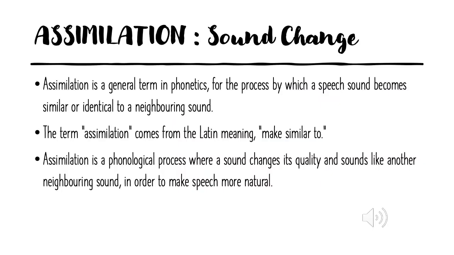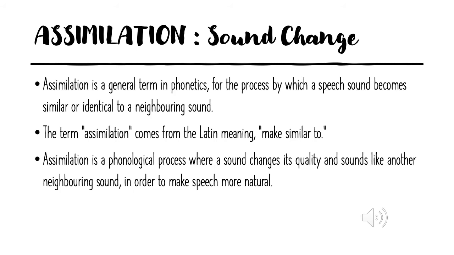Assimilation can be defined as the process by which a speech sound becomes similar or identical to a neighboring sound. It is always under the influence of a neighboring sound that a particular sound changes its quality. It begins to sound very much like the neighboring sound. The term assimilation comes from a Latin root where it means "make similar to".